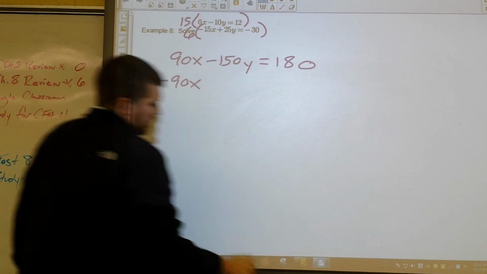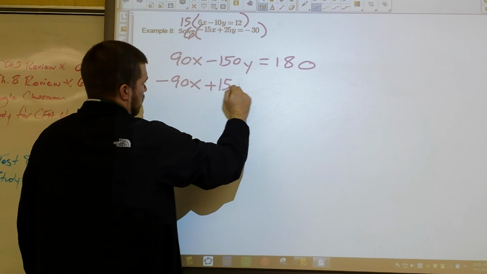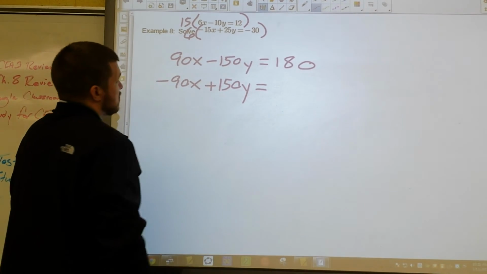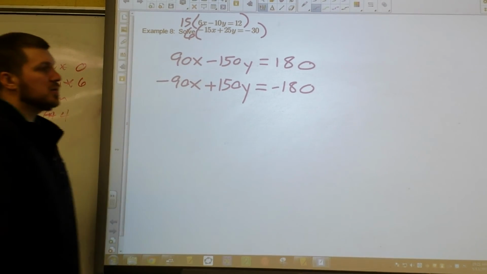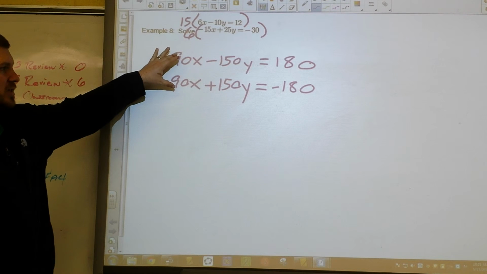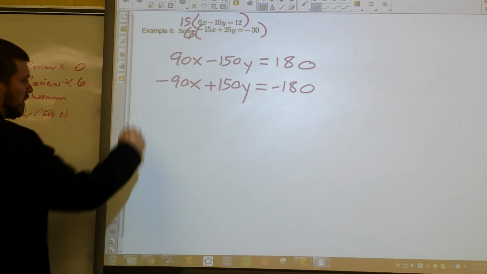It's positive 150, so I got that one right, so that's good. And then 6 times negative 30 is negative 180. Okay, so now that I've multiplied those and my x's already are opposites of each other, positive 90, negative 90, I want to add my two equations together.